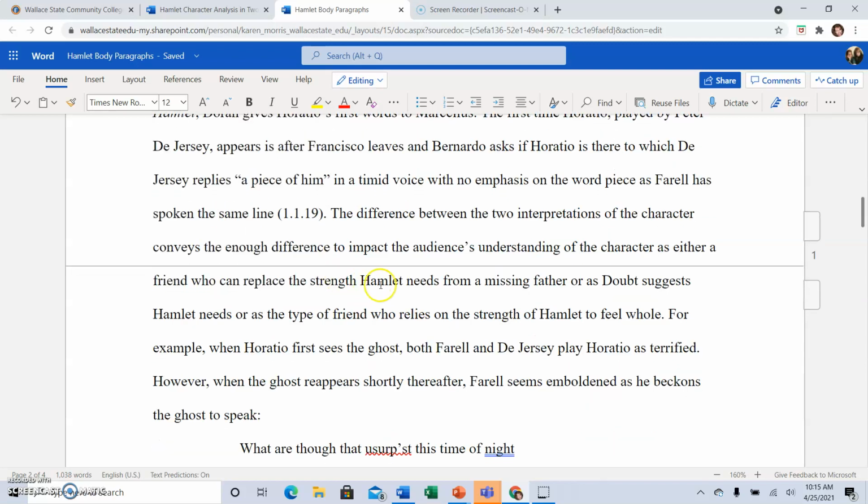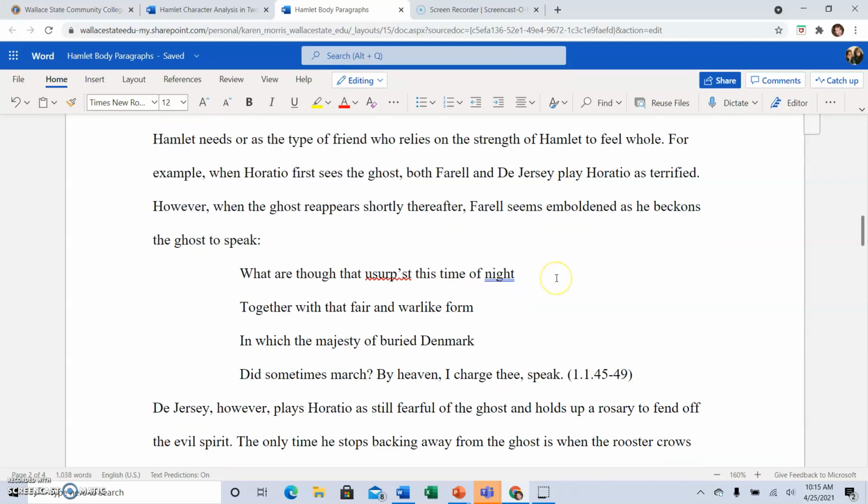Now, here is an example of a blocked quotation. I didn't necessarily need this full quotation here, but I wanted to show you how to do a blocked quotation correctly. Remember that when you are introducing a blocked quotation, use a full sentence followed by a colon.